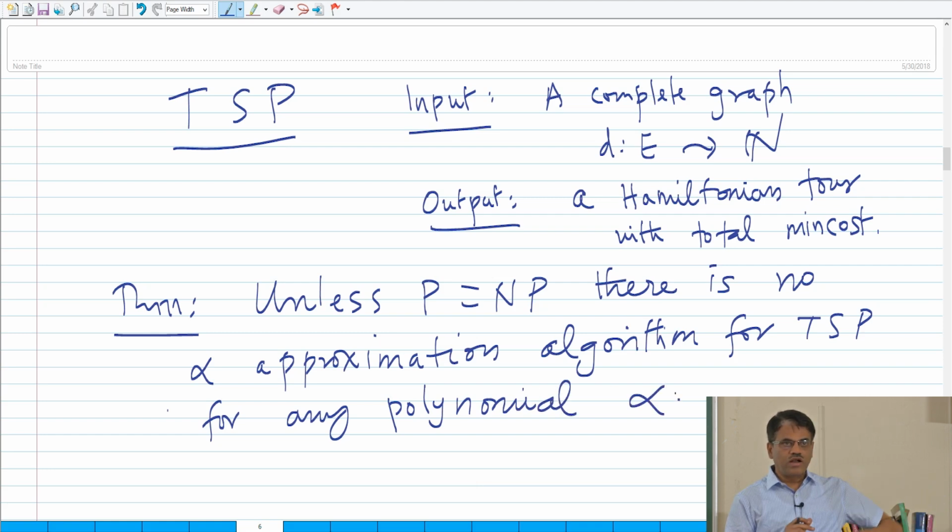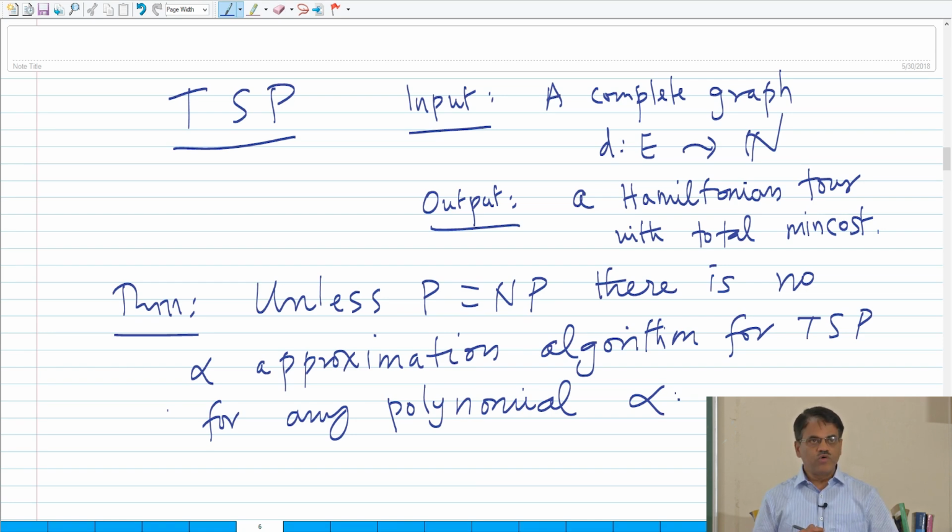This problem is so hard. For vertex cover, we had ratio 2, ratio log n kinds of approximation algorithms. Here I am going to say that you really cannot approximate it to any polynomial ratio. Of course, unless P is equal to NP, because if P and NP are the same, you can actually solve it in polynomial time.